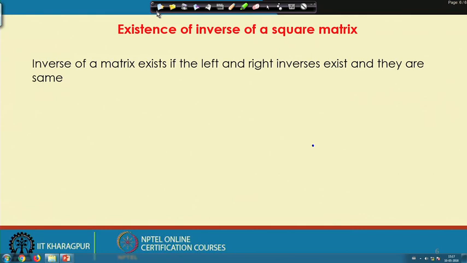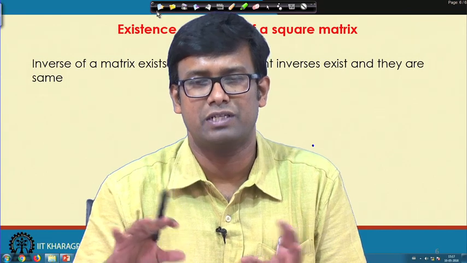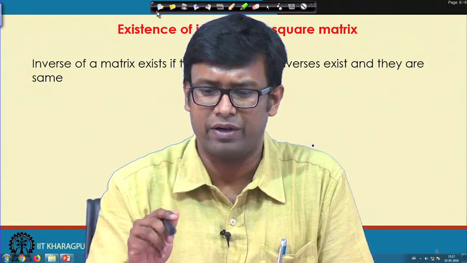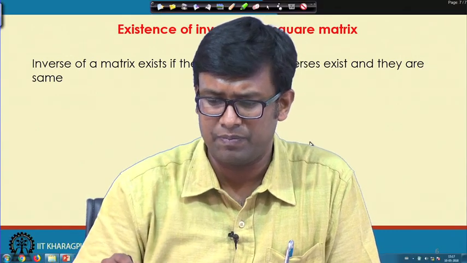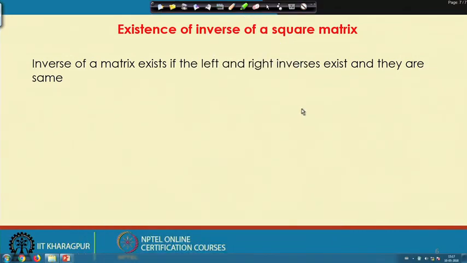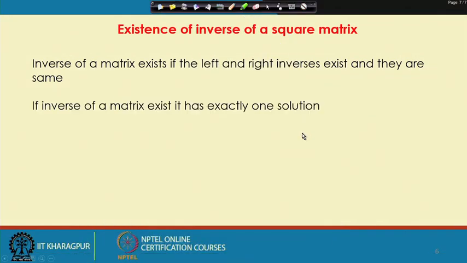Only when m is equal to n will both inverses, right and left, exist, and then they are the same, and then we say that the matrix is an invertible square matrix.